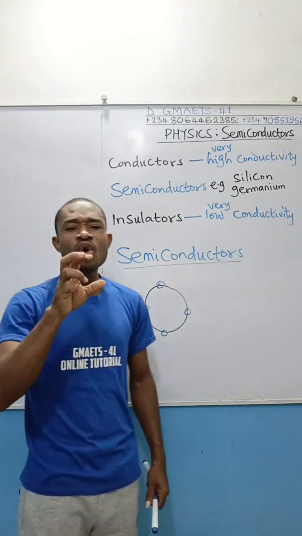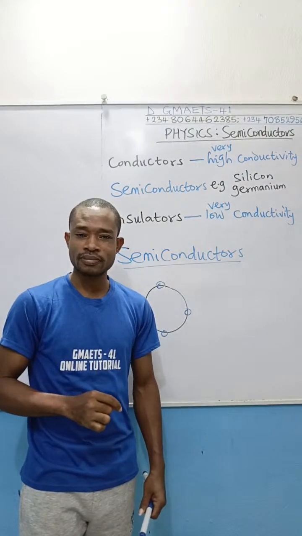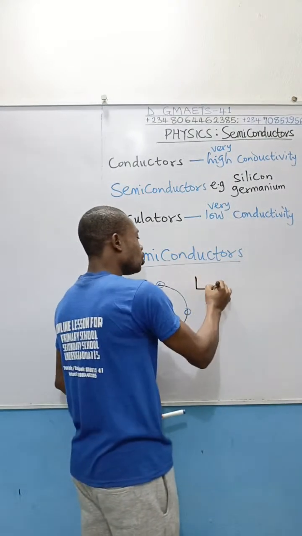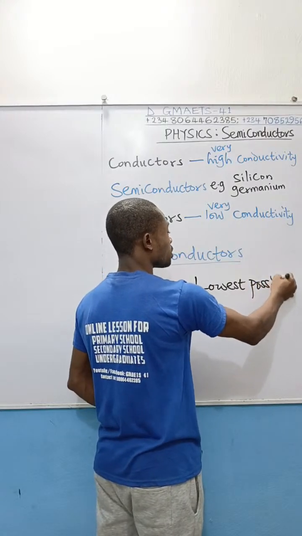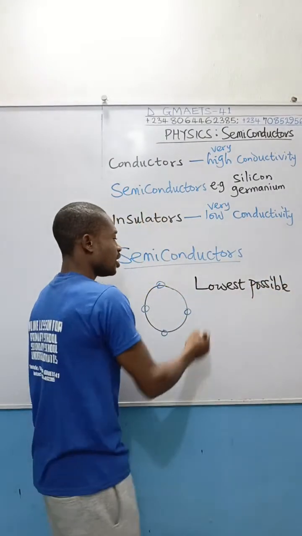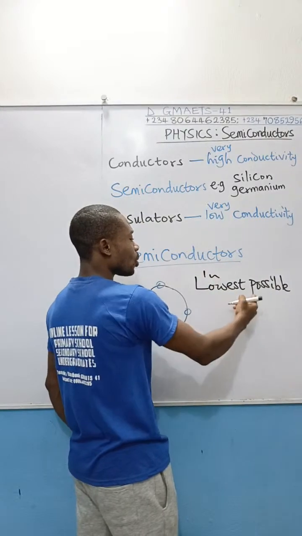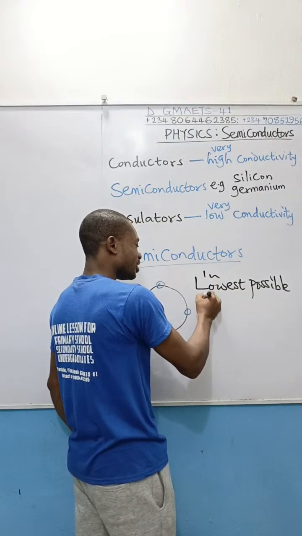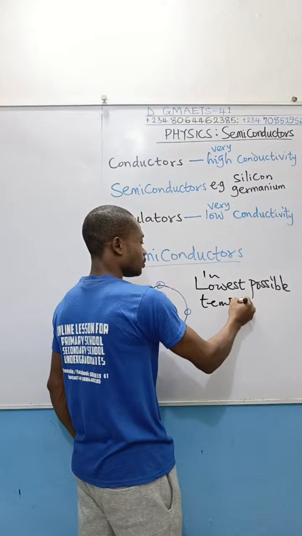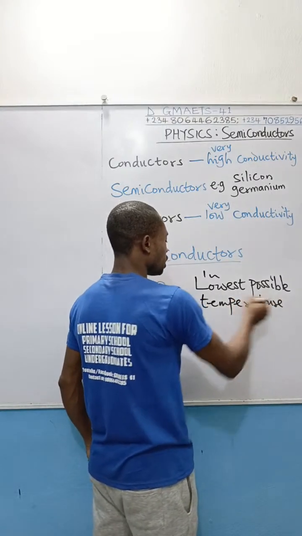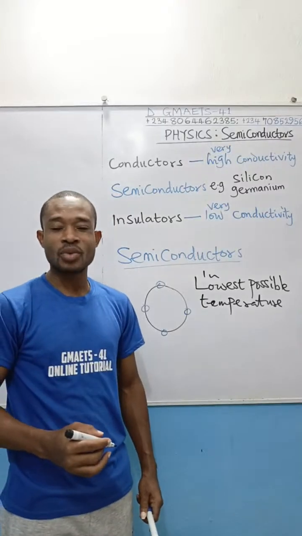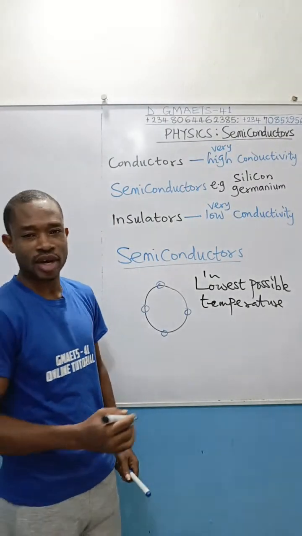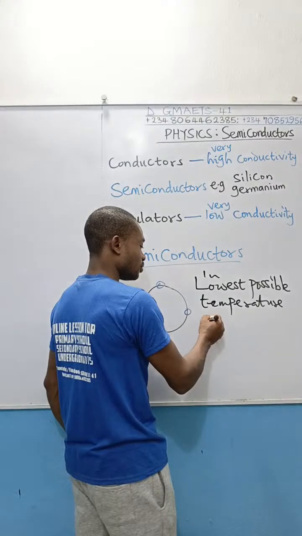Now, in their lowest possible temperature, somebody may ask, what is the lowest possible temperature of semiconductors? The lowest possible temperature of a semiconductor is 0 Kelvin, which is equivalent to minus 273 degrees centigrade.